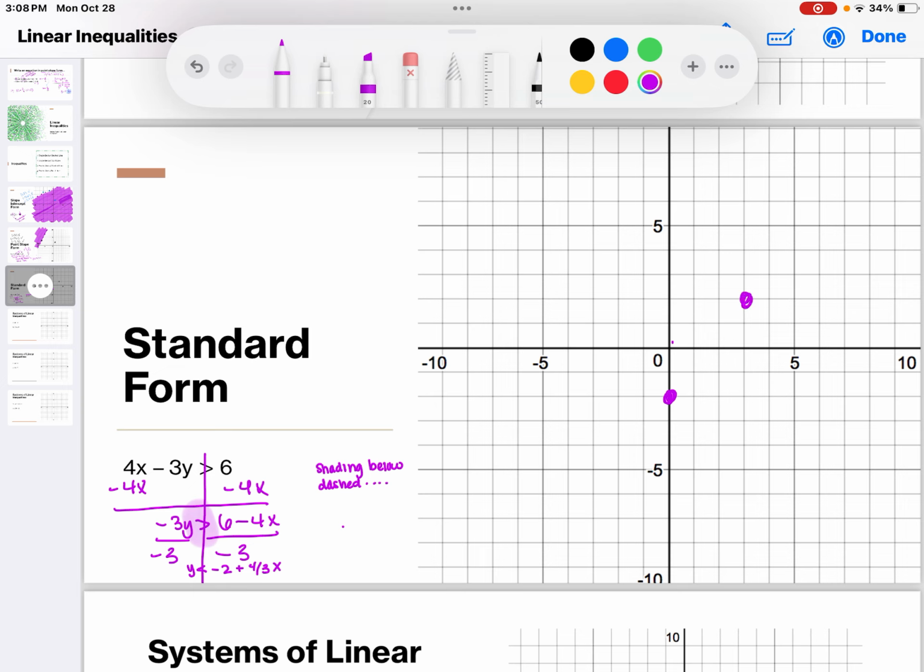Up 4 over 3. Down 4 over 3. Okay, dashed line. And which way are we shading? Below the line. Okay, so I hope you realize it's just graphing, but with a couple more rules to it.